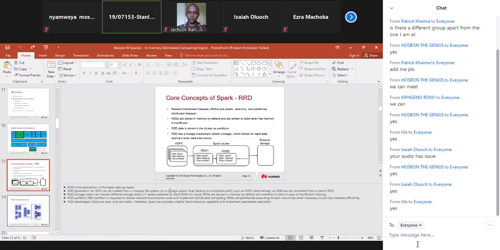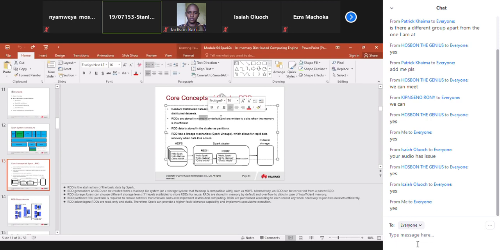Note that. Now, let's look at the core concepts of Spark. When we talk about RDD, we are talking about resilient distributed datasets. And what is this? They are elastic, read-only, and partitioned distributed datasets.